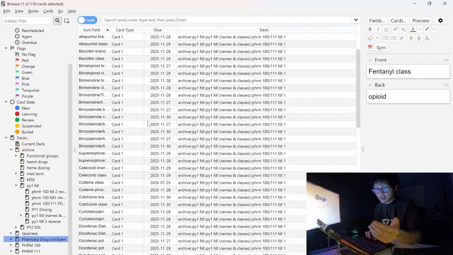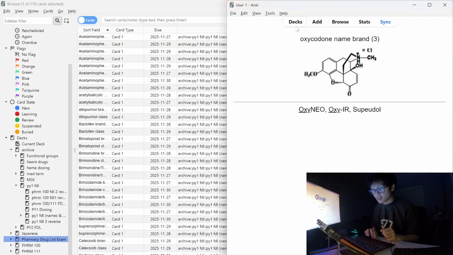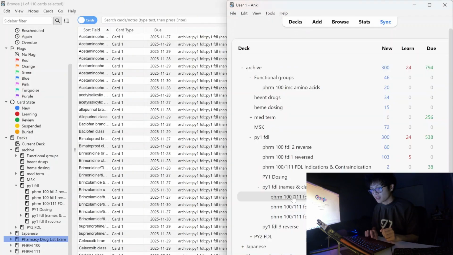Like this flashcard set alone is 110 flashcards, and this is just for several classes within a giant bigger class. I think this flashcard set in general is meant to have 372 cards. Like this is for all of our drugs in the first year.